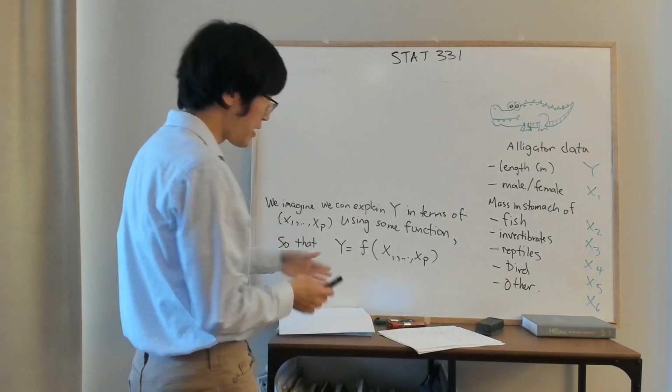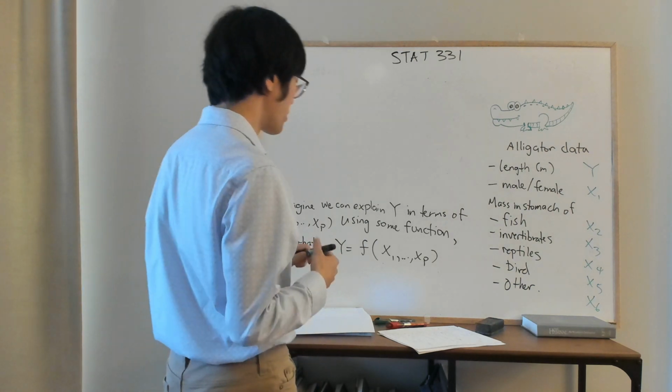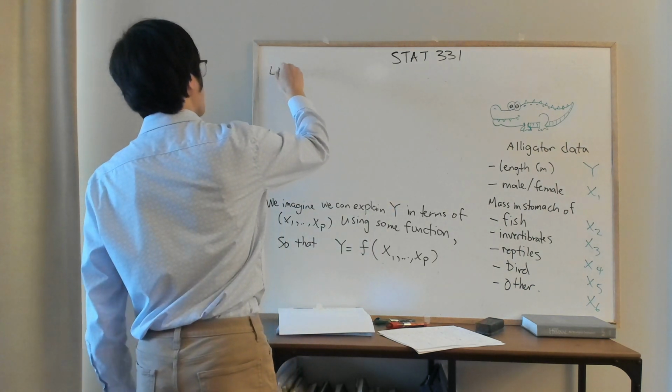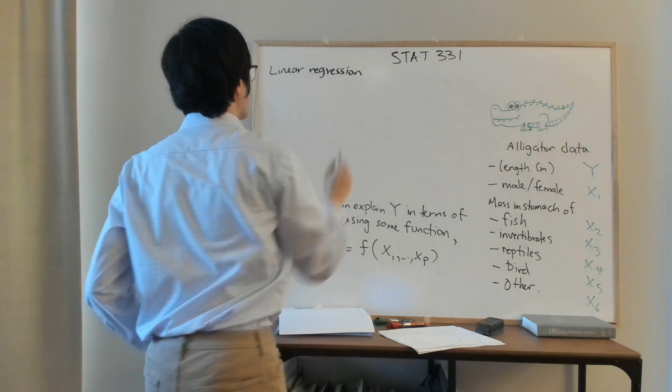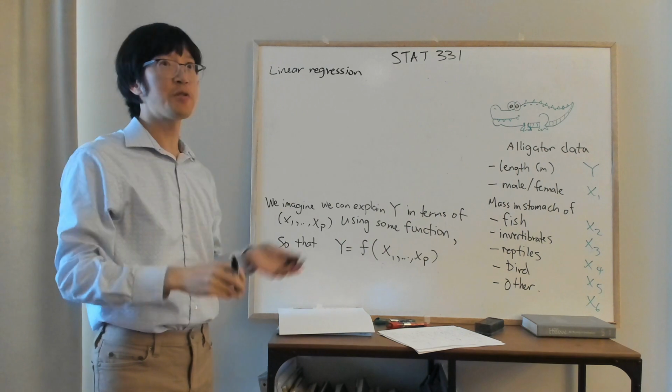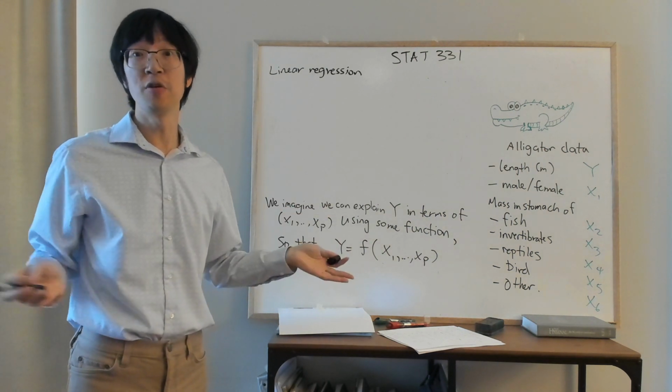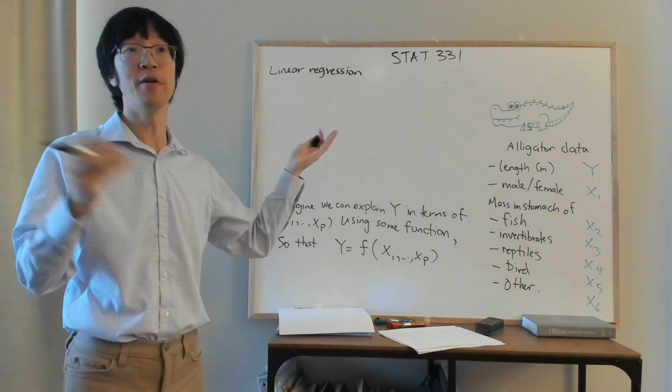This is a very broad class of models, and we're going to focus on the linear regression model. If you think of the simplest type of functions you can think of, you would probably think of lines.